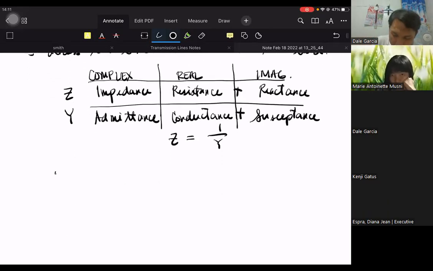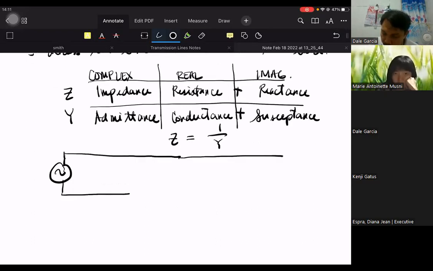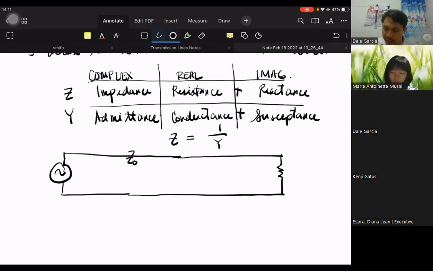So, if we have a transmission line and this load, with the characteristic impedance of our line and the impedance of the load, where do we place our matching stub?